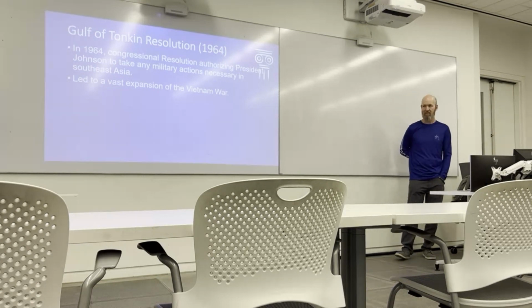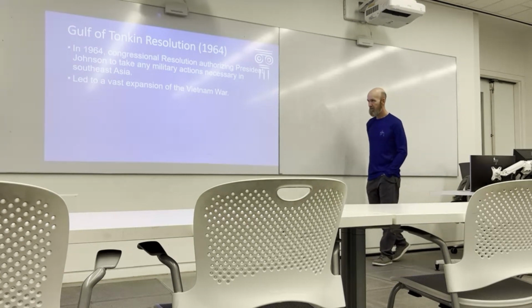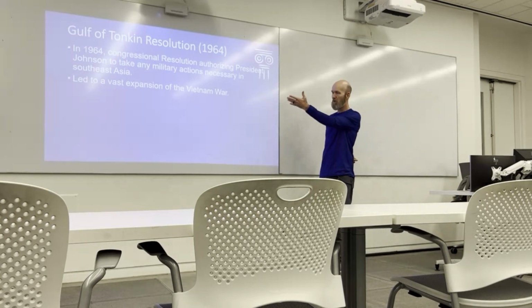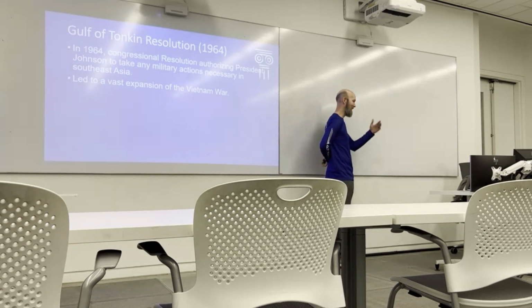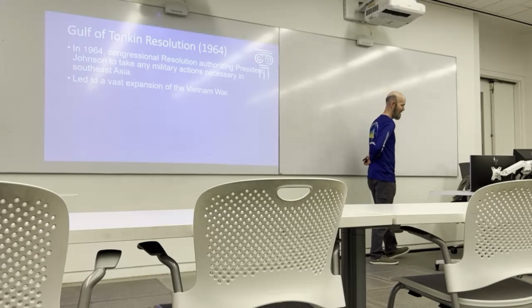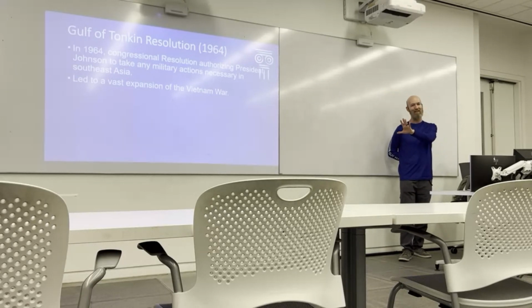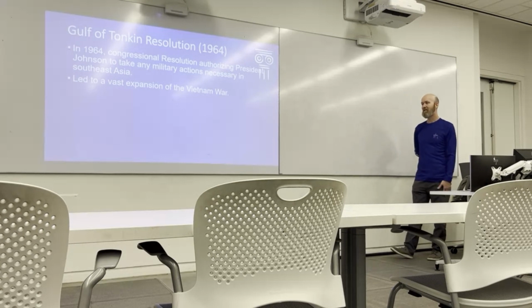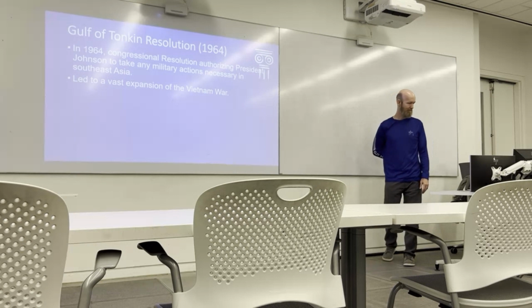So the Gulf of Tonkin Resolution leads to an escalation of the Vietnam War. Just remember the Gulf of Tonkin, a body of water off of Vietnam, and hopefully then you'll remember it leads to the Vietnam War. I mean, technically the Vietnam War between North and South Vietnam was already going on, but it leads to us getting more heavily involved in the war.